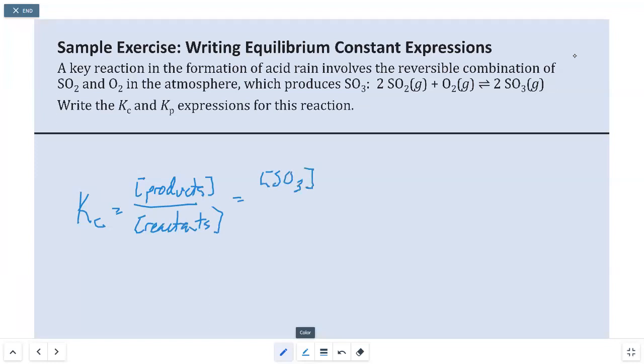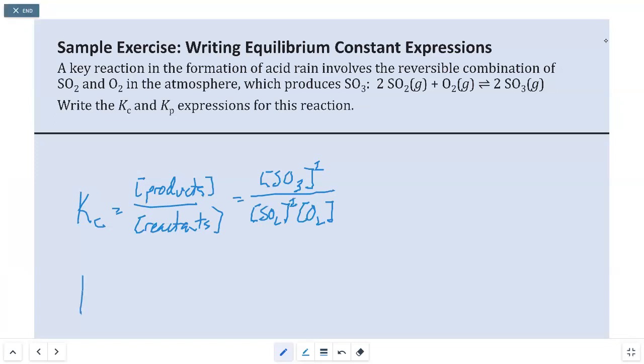And it would be squared because the coefficient is 2. For the reactants, I've got sulfur dioxide, SO2, and oxygen, O2. Coefficient for sulfur dioxide would also give us a squaring for the sulfur dioxide in our K expression. Oxygen is just 1, so we'll leave it as it is right there. So there is my expression for KC.